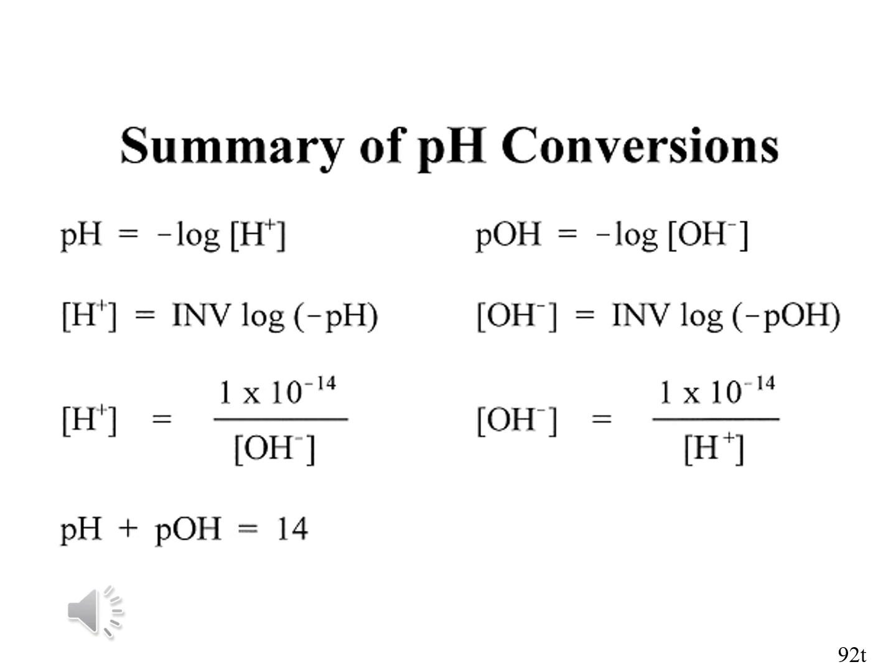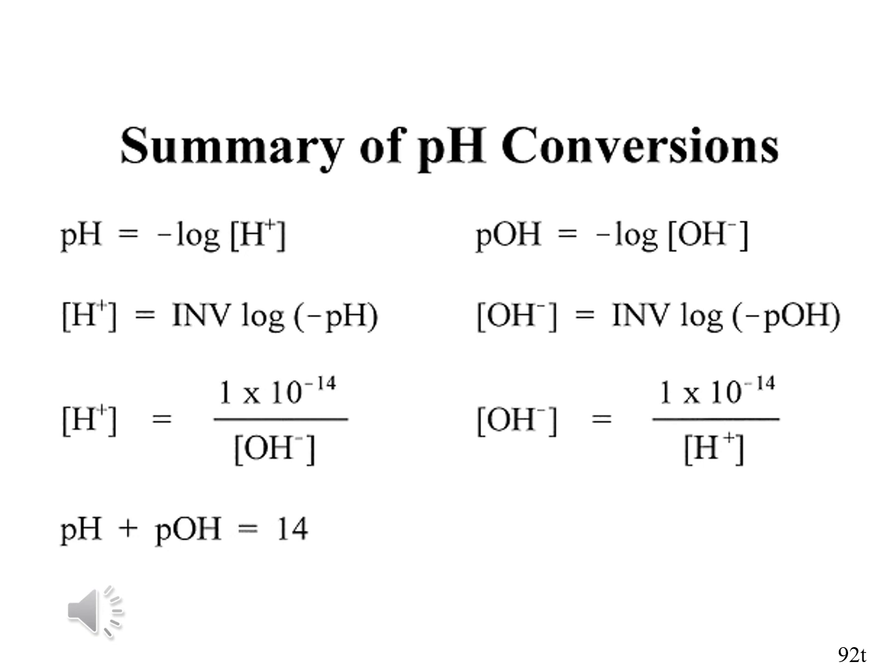The reverse formulas are the inverse log of negative pH or pOH. At the bottom here, we have the formulas that say 1 times 10 to the minus 14 divided by one of them gives you the other, if you're talking about H plus and OH. And the pH and pOH always add up to 14.